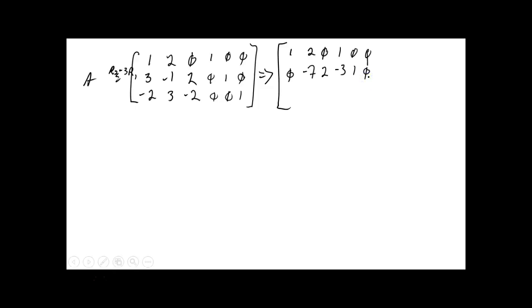What's the next thing we want to happen? 0, where the -2 is, a 0 there. How do we make that -2 into a 0? How do we make that happen?